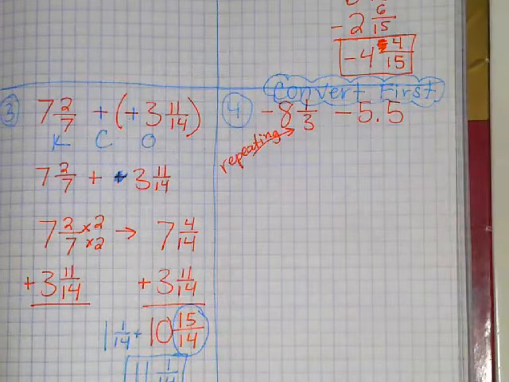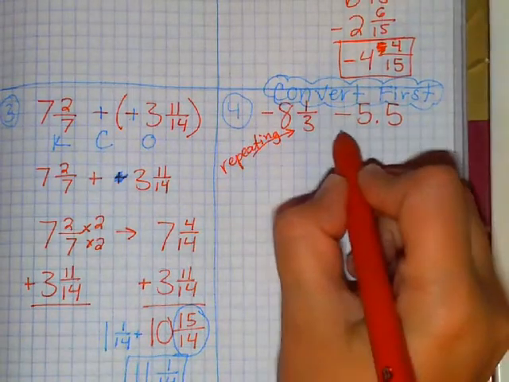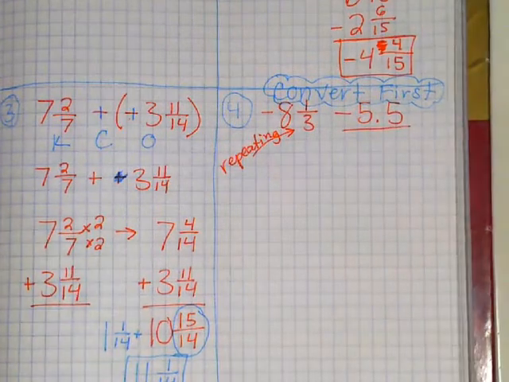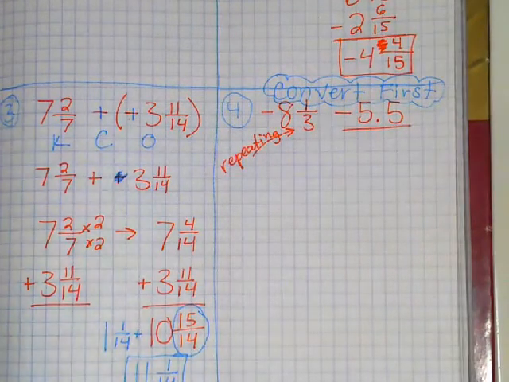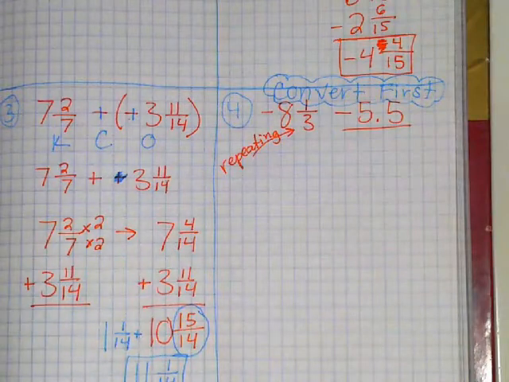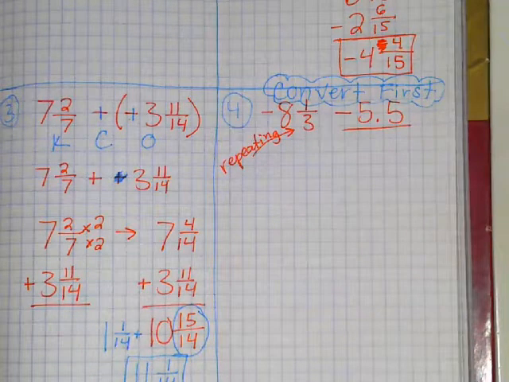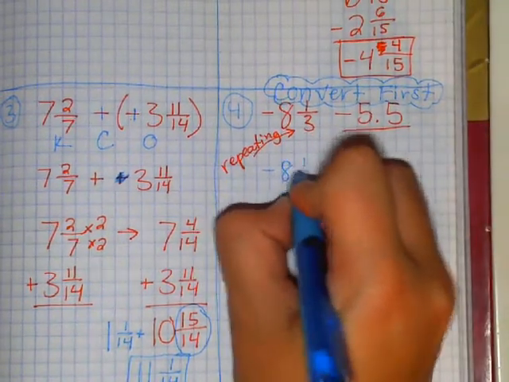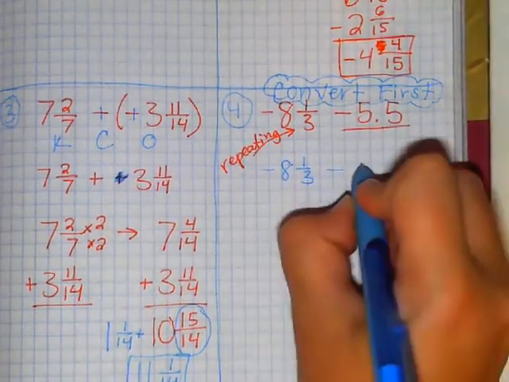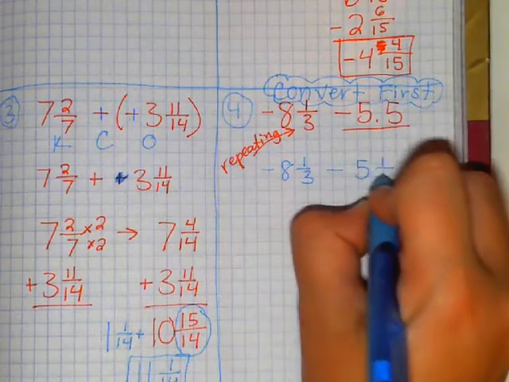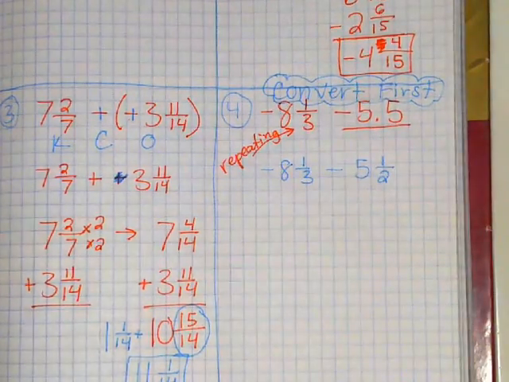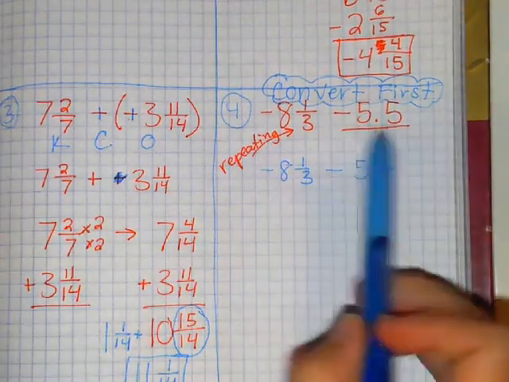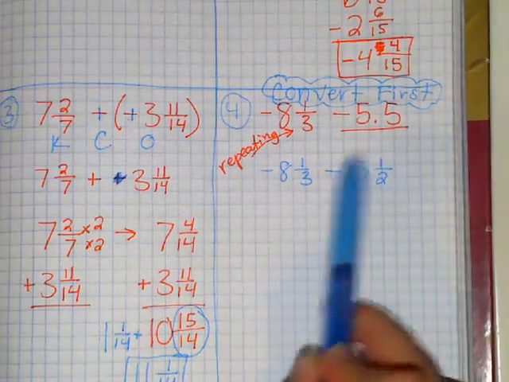So what that tells me is I'm going to change my 5.5 into a fraction. Okay? I'm going to change colors just so we know. So I have negative 8 and 1/3 minus 5 and 1/2. I changed 5.5 to 5 and 1/2.